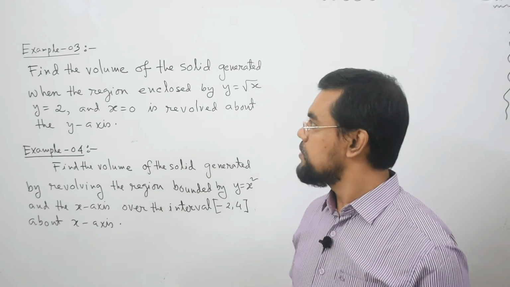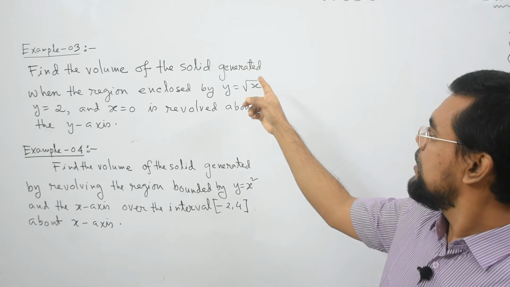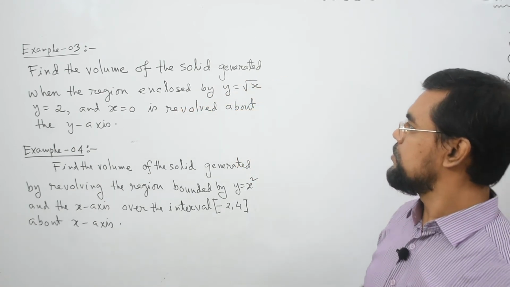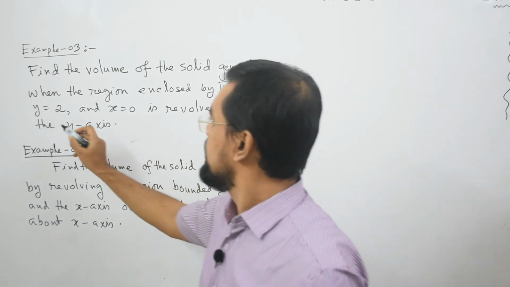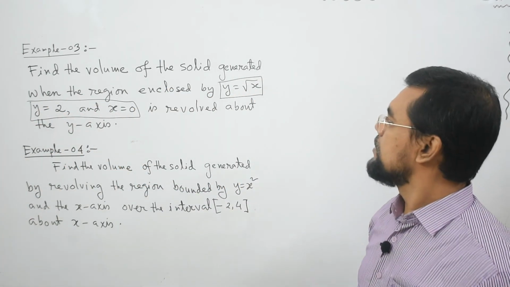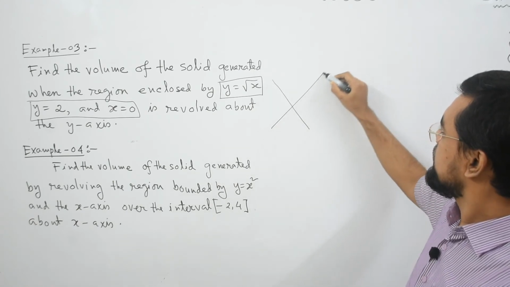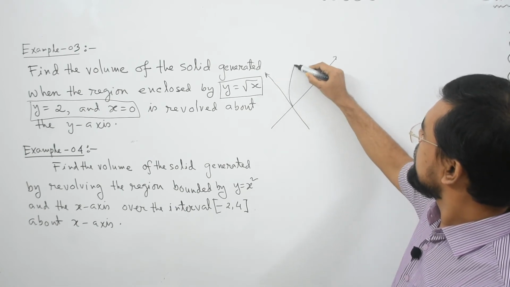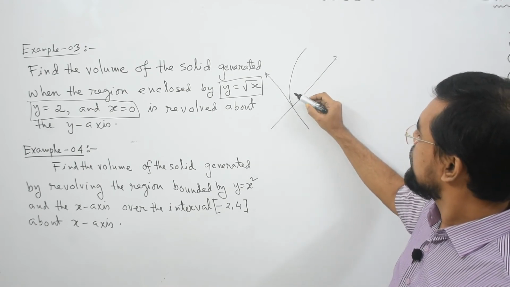So now let us try to solve example 3. It says find the volume of a solid which is generated when the region enclosed by y equal to root x, y equal to 2 and x equal to 0. This is bounded by these three lines. So let me graph it. The first one is y equal to root x, and the second one is y equal to 2.